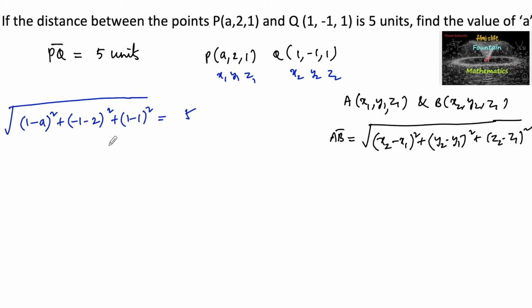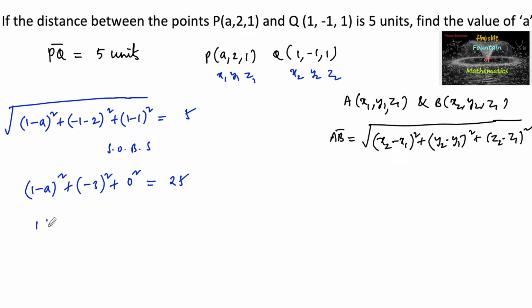Squaring both sides, we get (1 - a)² + (-3)² + 0² = 25.